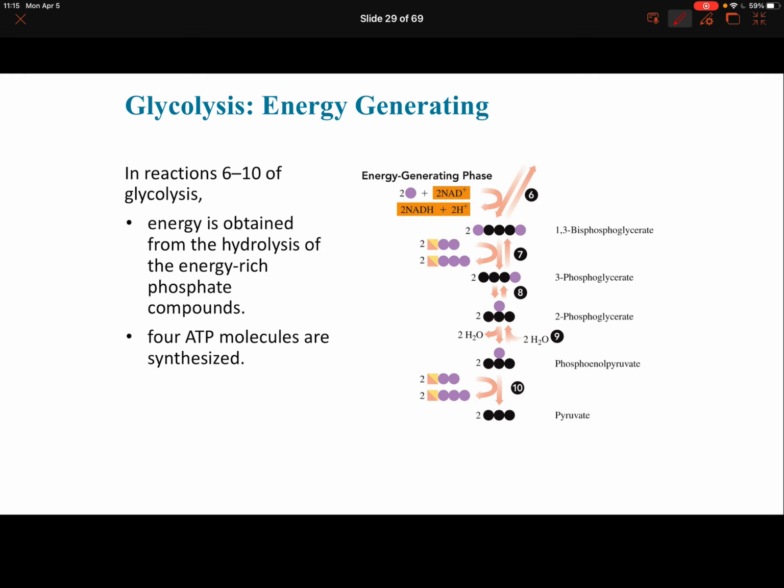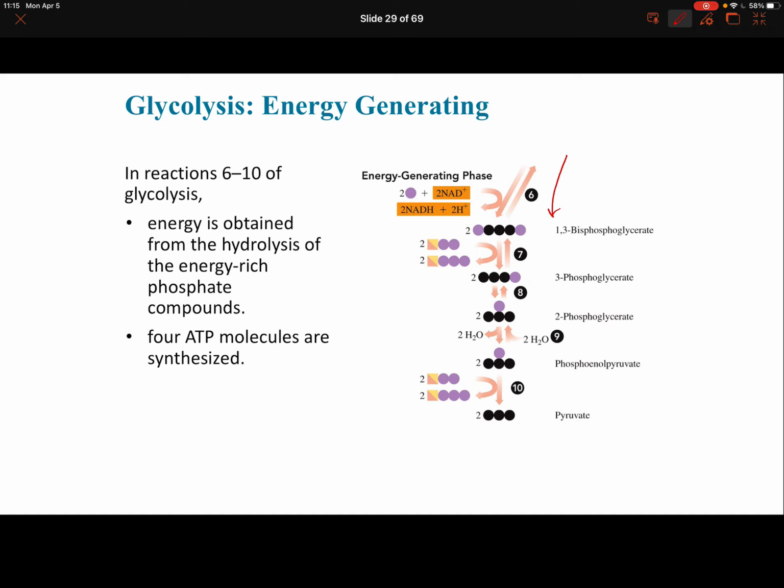Now, in reactions 6 through 10, we get to get energy back. We're going to get the payoff here. So in the first part of these steps, energy is going to be obtained from hydrolysis of these energy-rich compounds. So those two glyceraldehyde 3-phosphates are going to get turned into 1,3-bisphosphoglycerate.